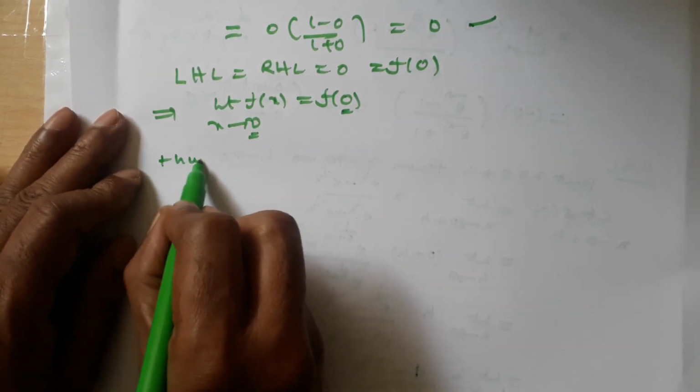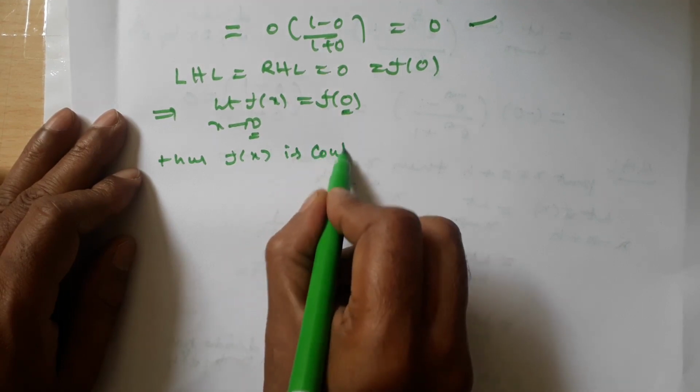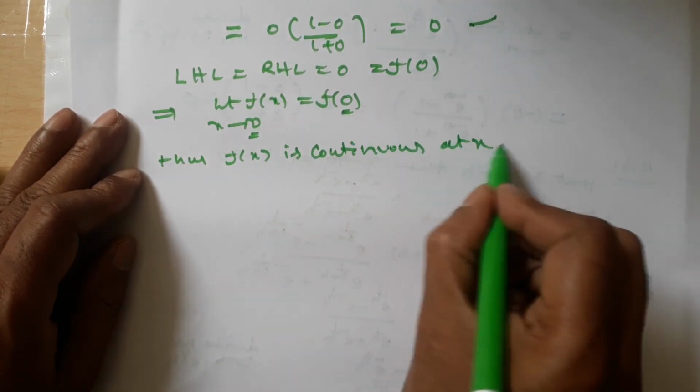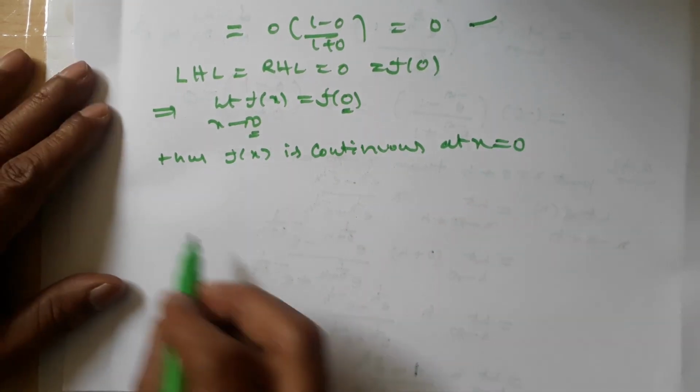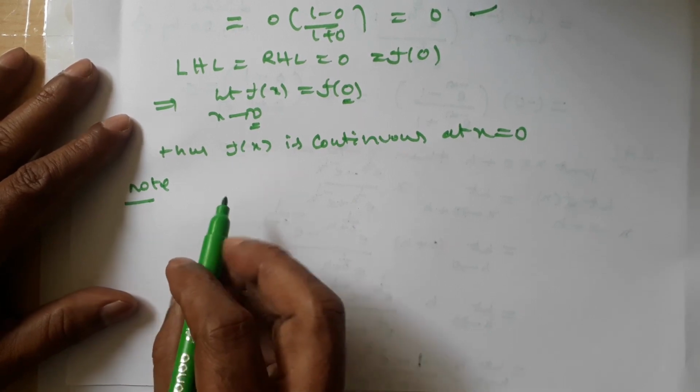Thus, f of x is continuous at x is equal to 0. Also note, so that the function is continuous, it is to be multiplied by x or maybe x square.